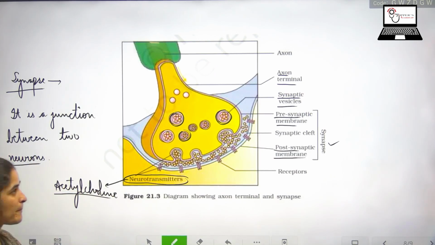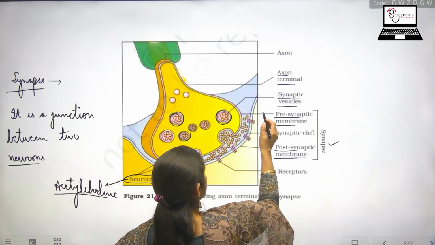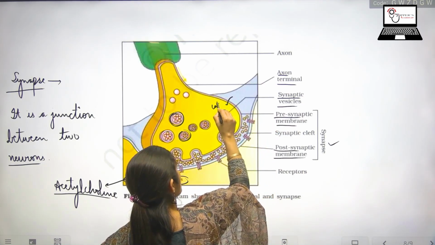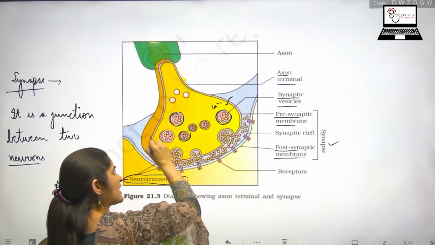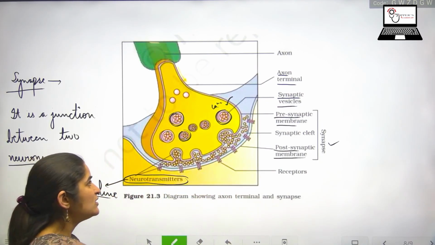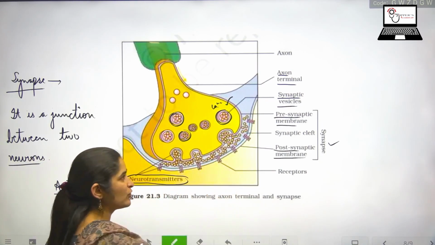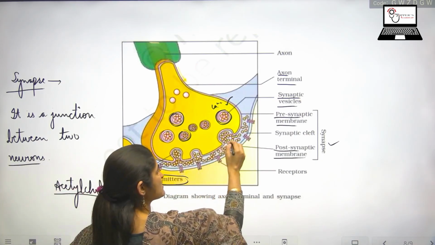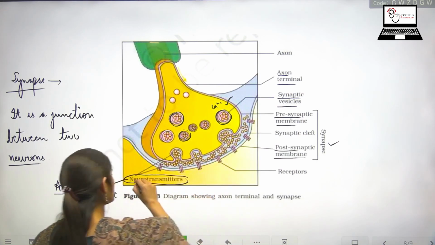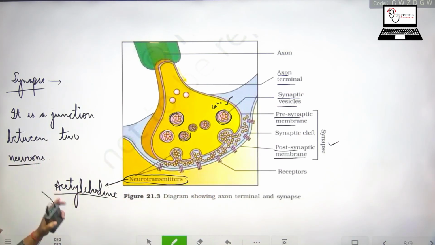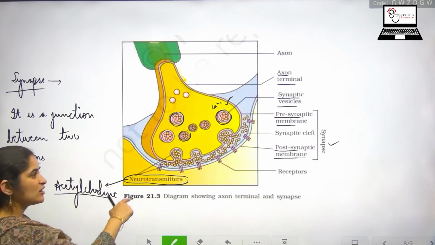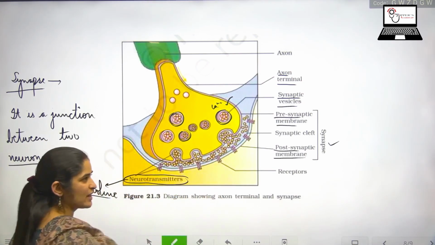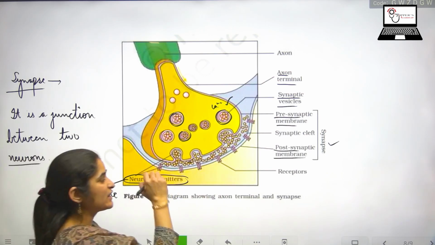See here, when the concentration of calcium ions is high in the synaptic knob, the synaptic vesicles will burst. Due to the bursting of synaptic vesicles, they will secrete the neurotransmitter, that is acetylcholine, and this acetylcholine will be released into the synapse, known as the synaptic cleft.